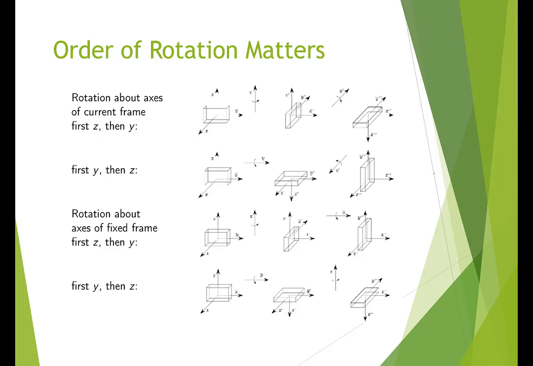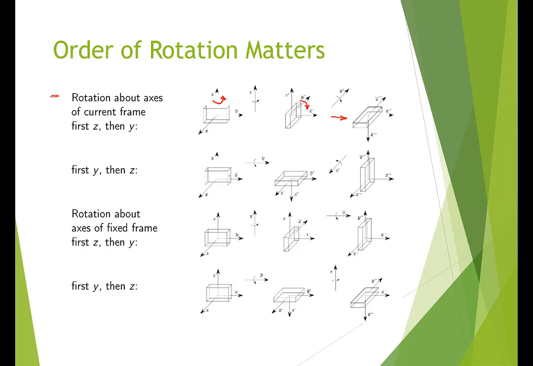Assume you have this object, and at first we want to rotate it around the Z-axis. It turns into this, and now we rotate it about the Y-axis of the new rotated frame, and we get this final object. Now consider a case where we do the reverse.